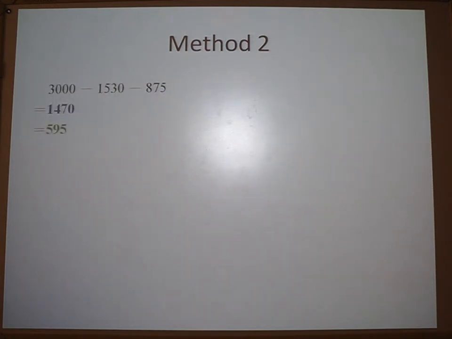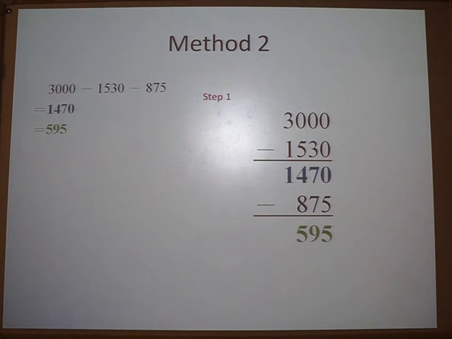For this question, for the horizontal form, it would be 3,000 minus 1,530 minus 875. Step 1 will be the same as method 1. And for step 2, we will do the column form in the same column form.